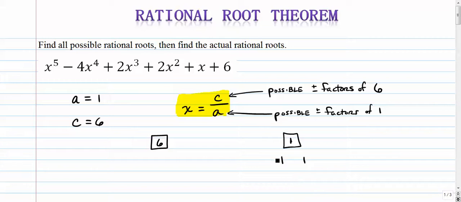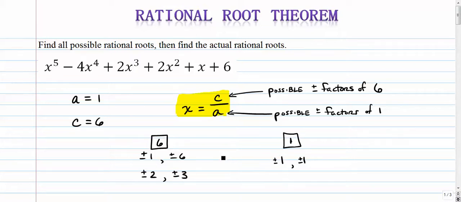So I'll just write ±1 times ±1. I understand that if I'm using a positive over here, I have to use the positive over here. If I'm using a negative here, I have to use a negative to the right as well. So they have to be paired by their signs. Same thing here: ±1 times ±6, and ±2 times ±3.